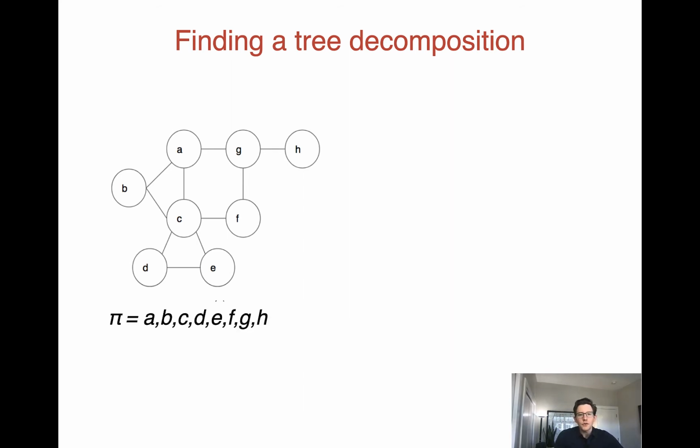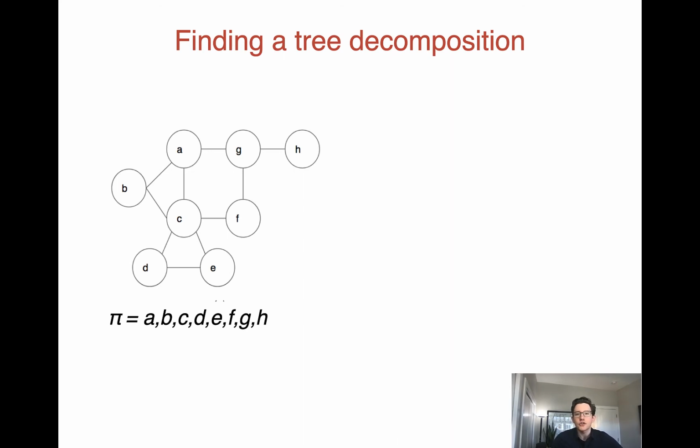We're going to start with an ordering that we'll call pi. In this case, we'll use the ordering A, B, C, D, E, F, G, H. We're going to go through the variables in order, and we're going to take each variable, create a node in a junction graph that's associated with that variable.